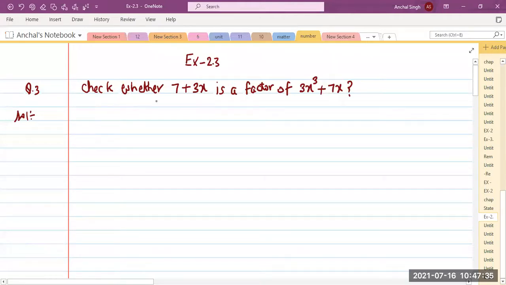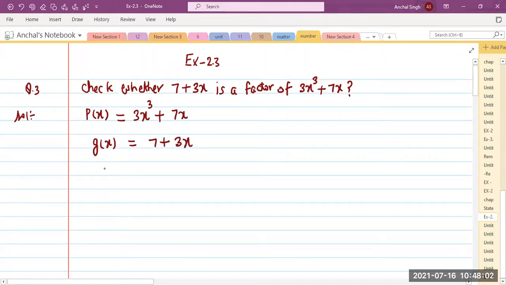So first we mention the dividend and divisor. What is dividend over here? Dividend is p(x), which is equal to 3x cube plus 7x. Okay. And what is divisor? Suppose divisor I am representing by g(x), and that is equal to 7 plus 3x. Correct.